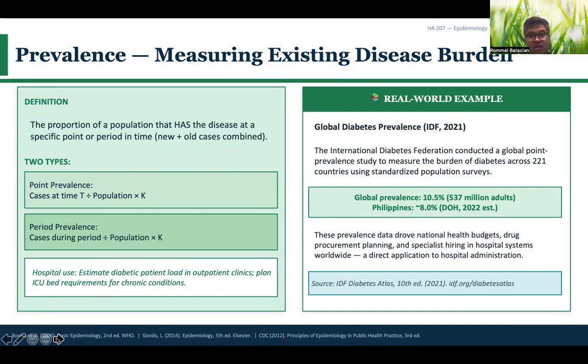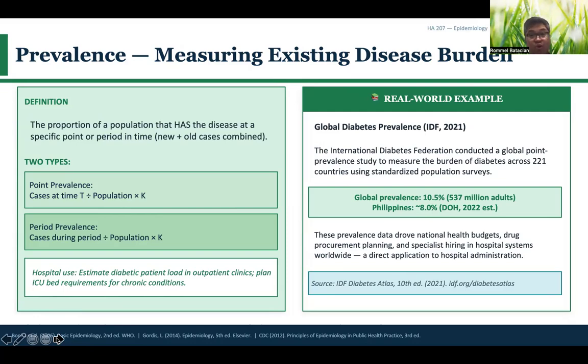Now, prevalence is different. It is not interchangeable with incidence. It is defined as the proportion of a population that has the disease. So it includes new and old cases combined at a specific point in time or during a specific period. Unlike incidence, we're not asking who got sick.